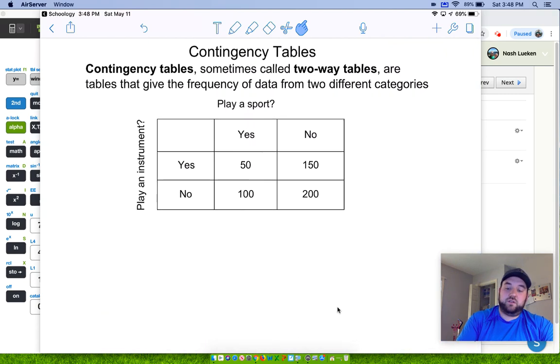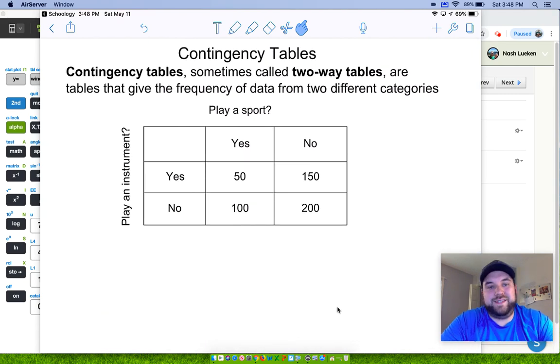A way that we answer a lot of these questions is with what are called contingency tables or two-way tables. It allows you to report feedback on multiple categories in one single output. In section 11.3, we talked about a problem where it was, do you play a musical instrument, or do you play a sport, or do you do both, or do you do neither?